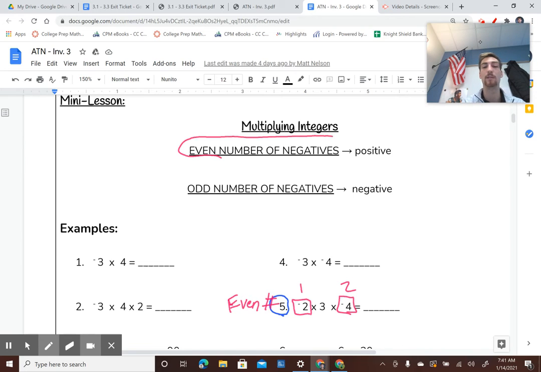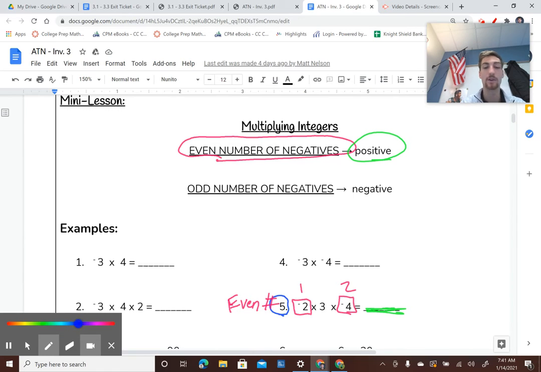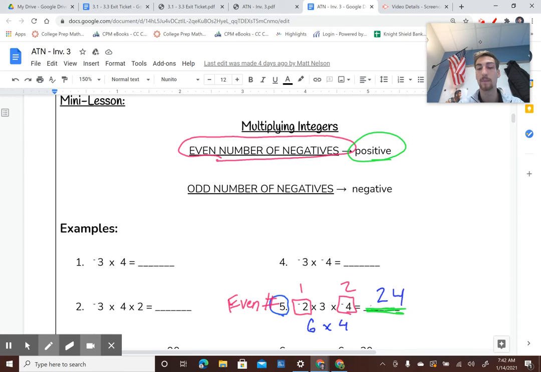Since we have an even number of negative numbers in our problem, our answer is going to be positive. And then again, I can just go through and multiply like I normally would. So we have 2 times 3 to get 6. And then we still have to multiply it by that 4 to get 24. And again, our answer is going to be positive because we have an even number of negatives in our problem.